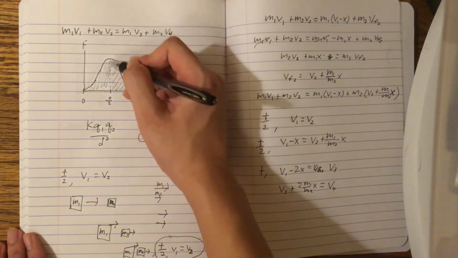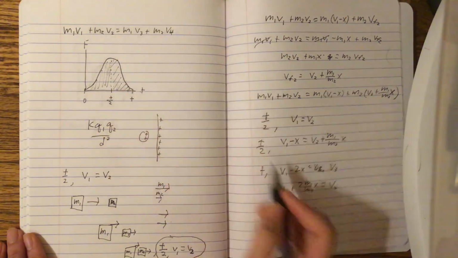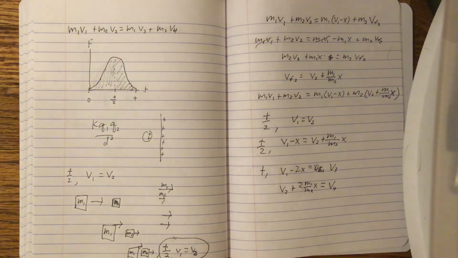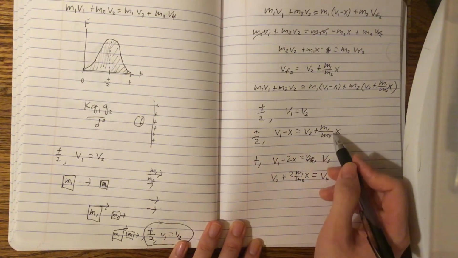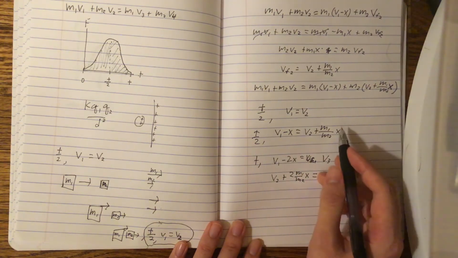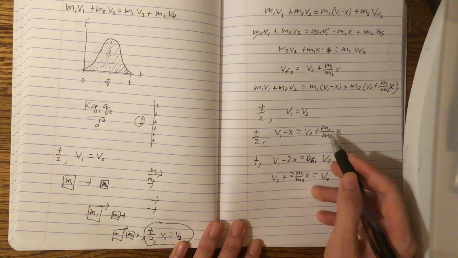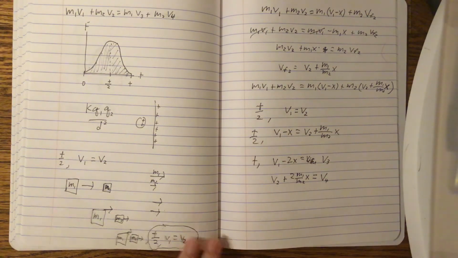Because at t over 2 it loses half, at t it loses the other half too. And the same with this: if it gains m1 over m2 x velocity at t over 2, then at t it has to gain double that, because it only gained half.